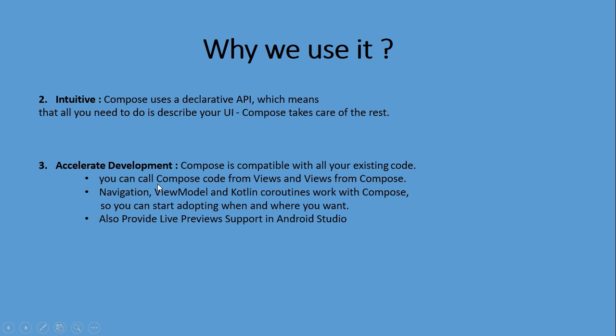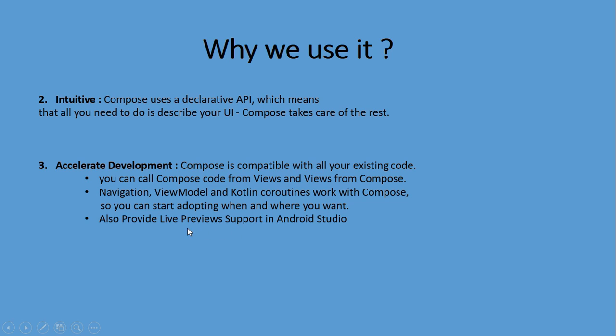You can use Compose code in your views, or you can also use views in your Compose components. It's also compatible with navigation views. Kotlin coroutines work with Compose, so all the things required for development are already compatible with Compose. And it also provides live preview support in Android Studio.